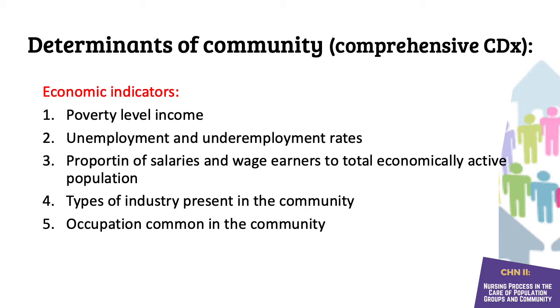So, for the type of industry present in a community, for example, in Misamis Occidental, since it is a coconut-based province, we have major manufacturing firms or industries in our province that are engaged in the production of crude coconut oil, cooking oil, so anything that is coconut related. Other industries present in Misamis Occidental include furniture products, ceramics, okay, processed foods, okay, and other marine products.